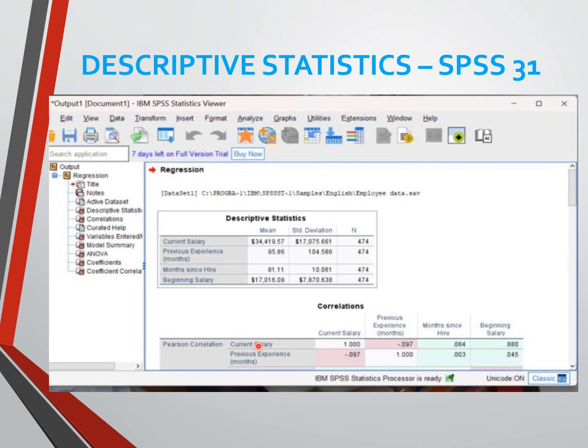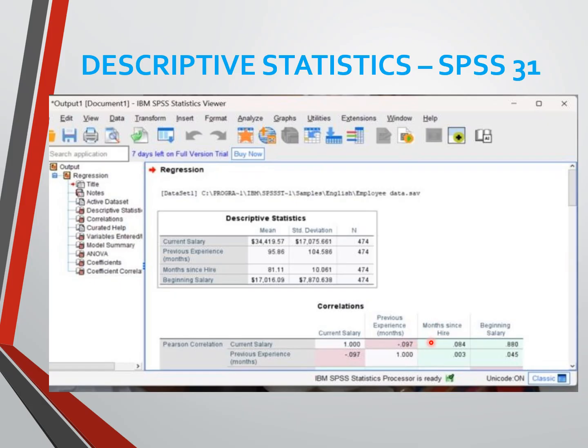At the back side, I have shown the Pearson correlation coefficient, where current sending and previous year experience have a correlation coefficient of negative 0.097.